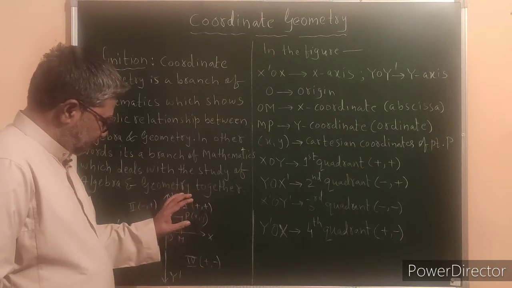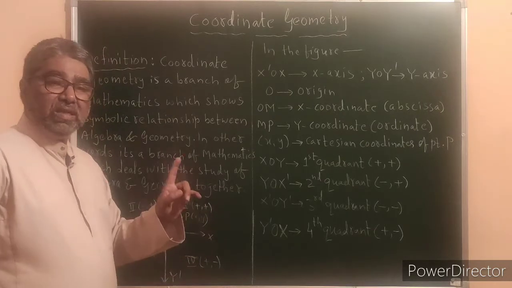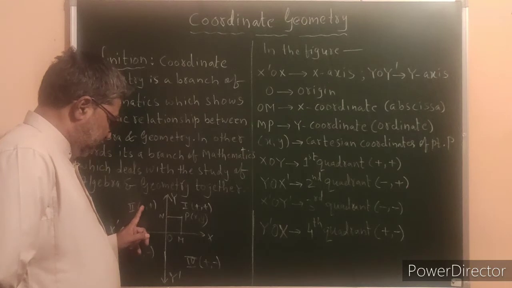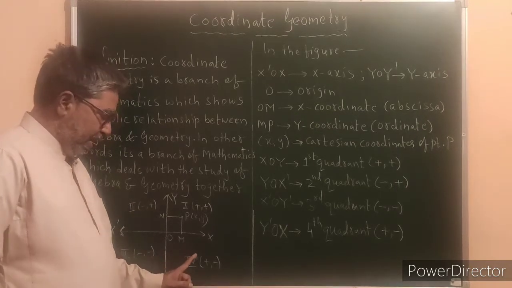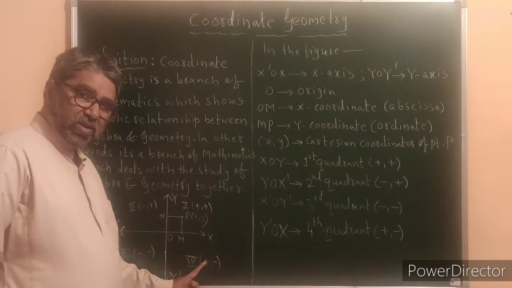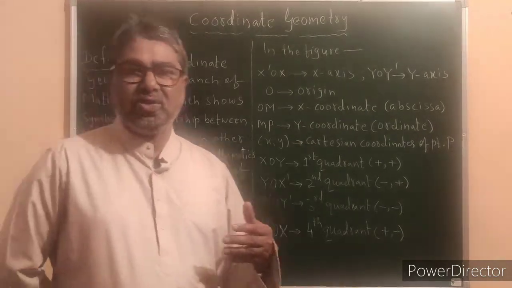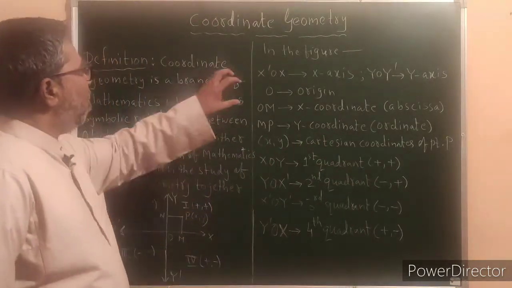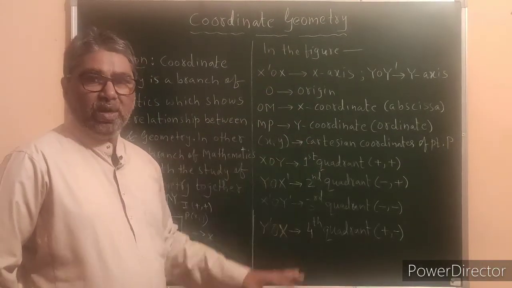The points which come in the first quadrant have the signs plus plus, whereas in the second quadrant they have minus plus, in the third quadrant they have minus minus, and in the fourth quadrant the points have the signs plus minus. So this is not new, you have already studied it in your previous classes. This is the gist of this figure which I have written here on the board.